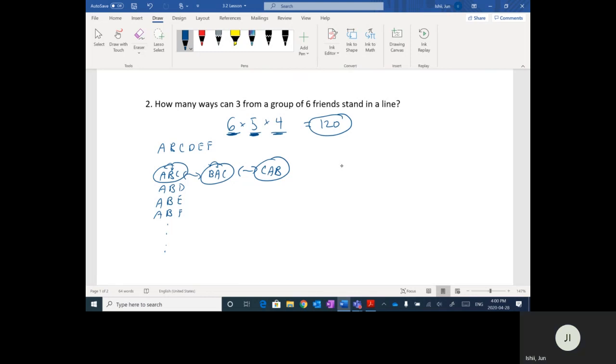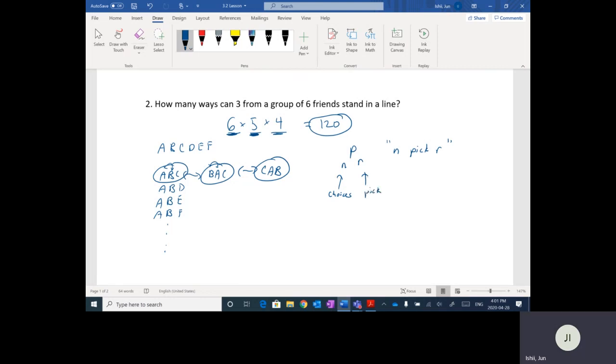N pick R, where N is the number of choices, whereas R is how many you're actually going to pick.